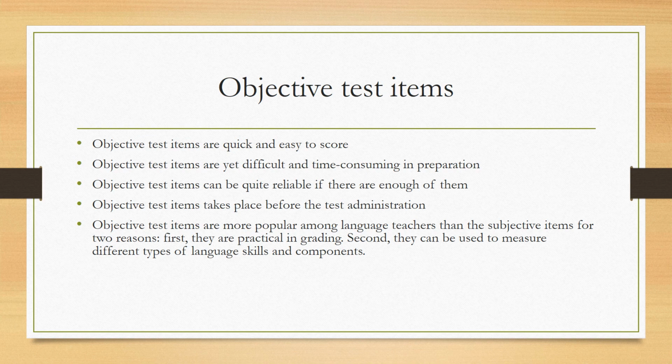As we said, they do not take so much time in grading or in scoring. They can even be graded or scored by the computers. Second, they can be used to measure different types of language skills and components. So you can use them in testing reading, listening, grammar, vocabulary, pronunciation. So you see, they can be used to test different skills and different components.